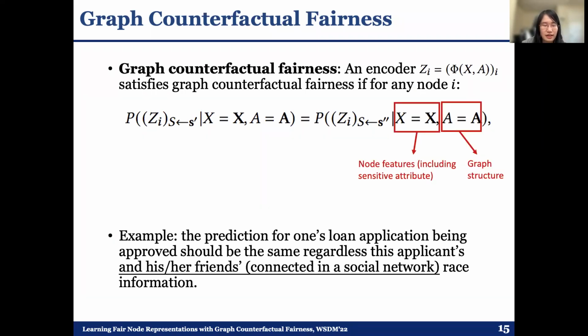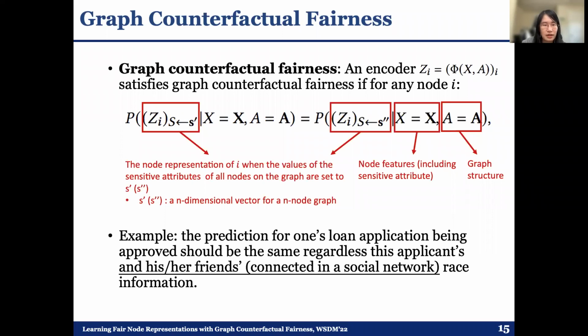So here, given the node features and the graph structure, we intervene on the sensitive attribute of any nodes on the graph.